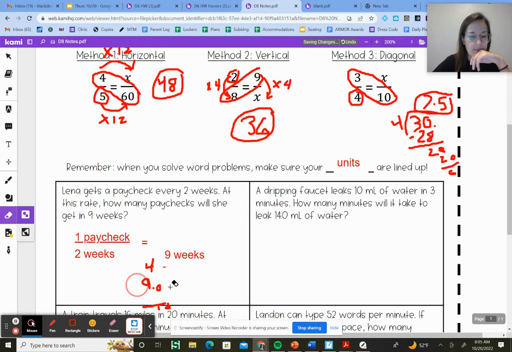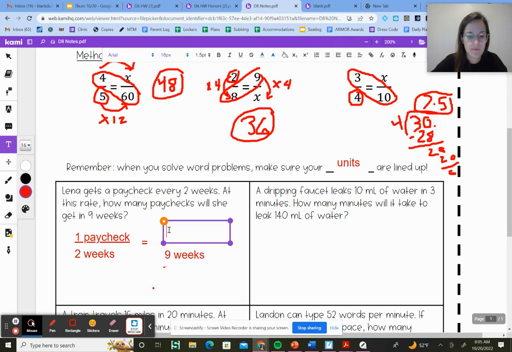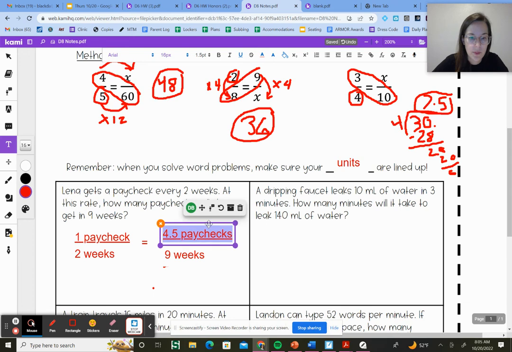I'm just going to erase that. So that means in 9 weeks, she'll get 4.5 paychecks. You could have also done this the horizontal way or the vertical way. Either way, any method will work.